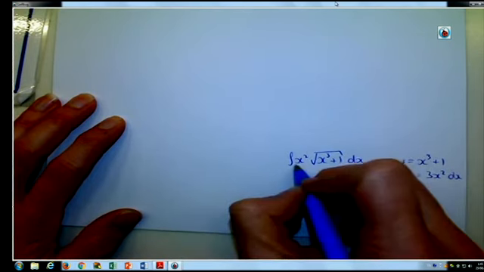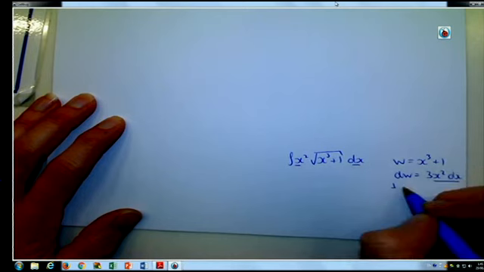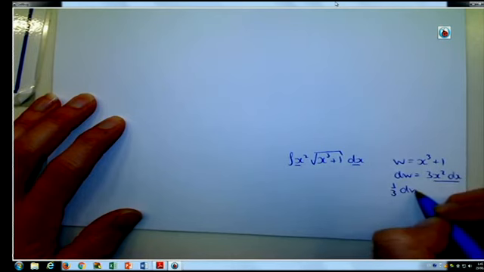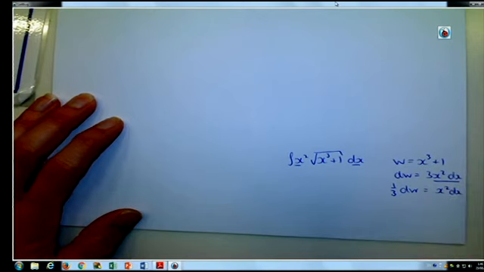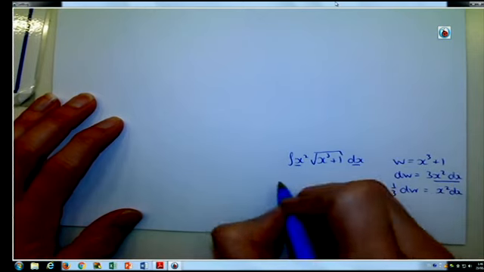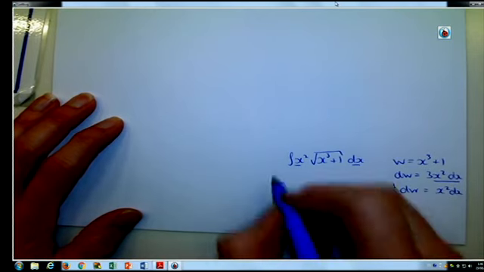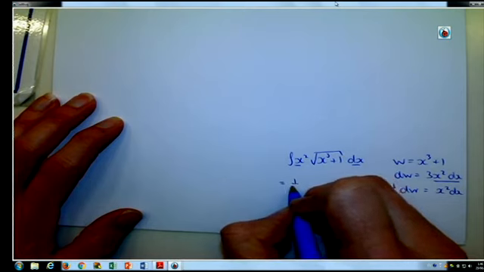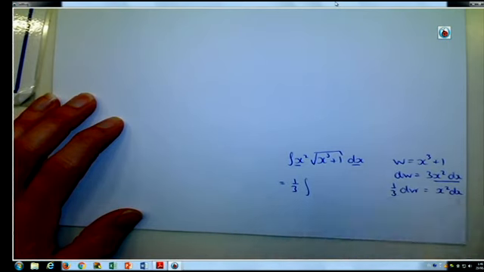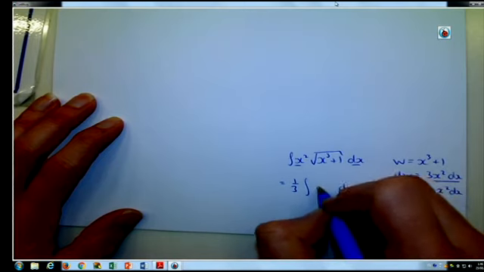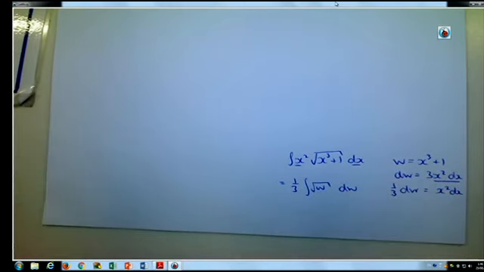So I've got an x squared dx, that's this one here, 1 over 3 dW equals x squared dx. So what do I get? I get a third times the integral of dW square root of W.